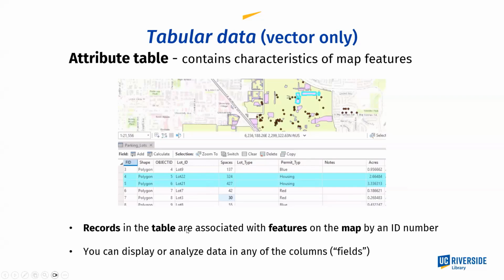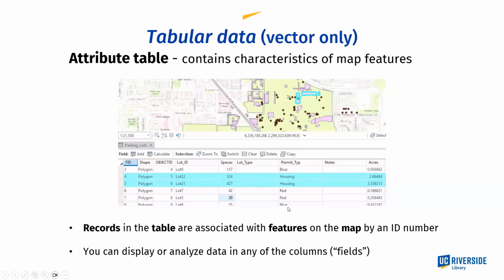The records in the table are associated to the features on the map by an ID number that they hold in common. And on the map, you can display or analyze data in any of the columns. For instance, if you wanted to label these polygons, you might choose the lot ID column to create the labels for all of these polygons.